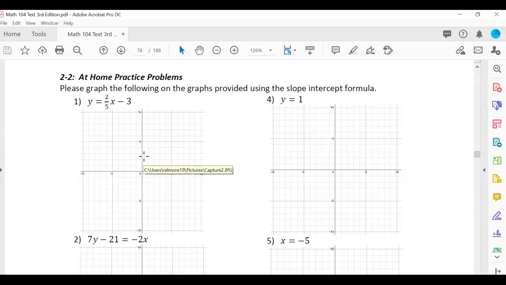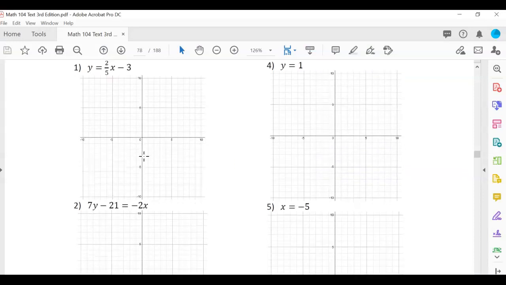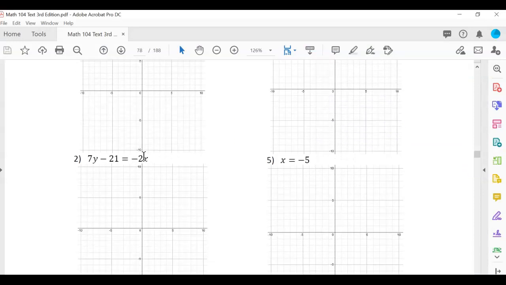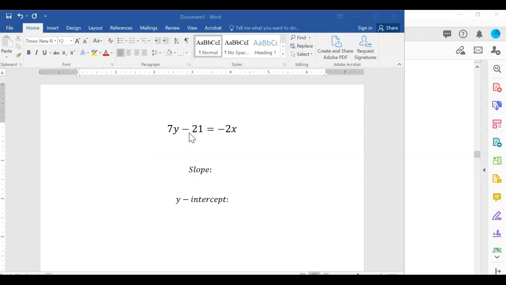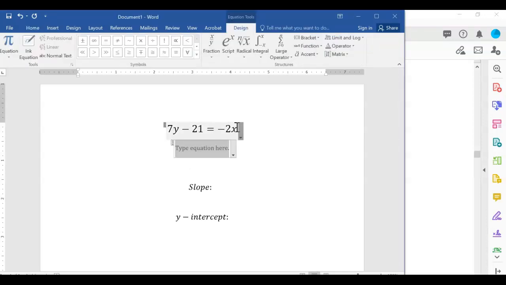Now the next problem that we have is 7y minus 21 is equal to negative 2x. When I go to deal with that one, this is not in slope-intercept form, so I'm going to make it in slope-intercept form. The first step is I add 21 to both sides.